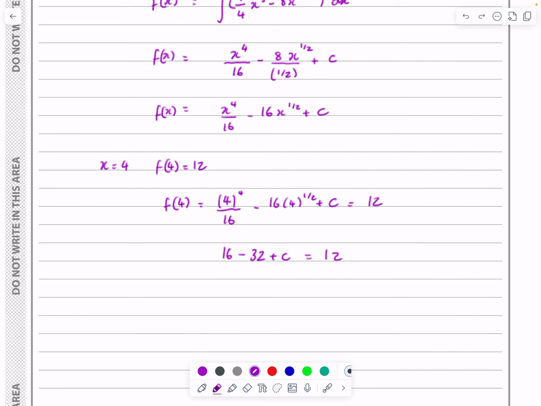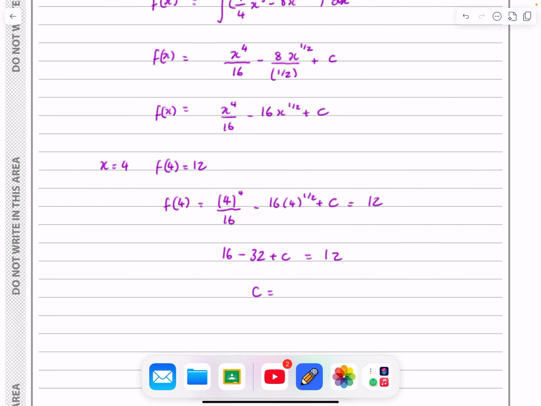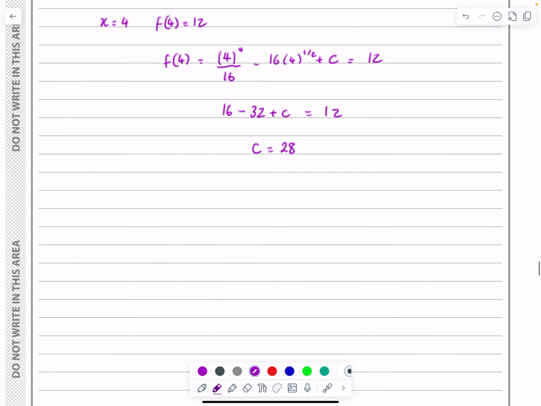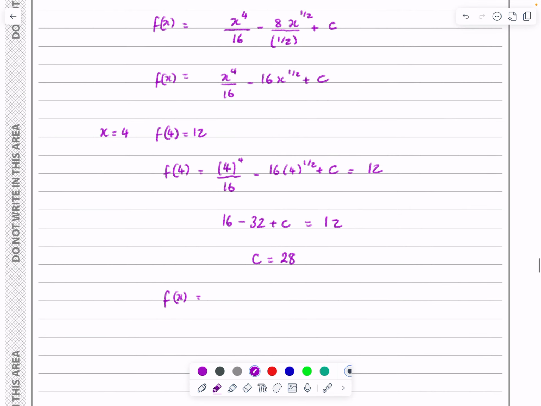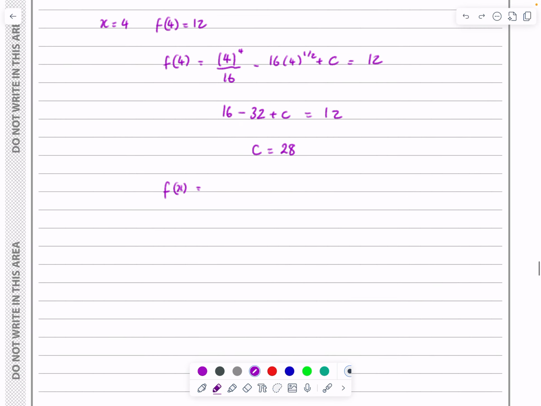So if we get that situation, that means that c works out to be equal to 28, and if c works out to be equal to 28, then my f(x) is equal to, up here, but now putting the value of c in, so it's x to the 4 over 16 minus 16x to the half, plus 28 there.